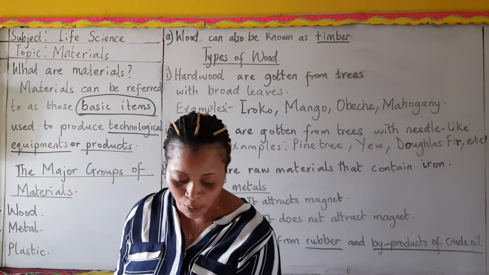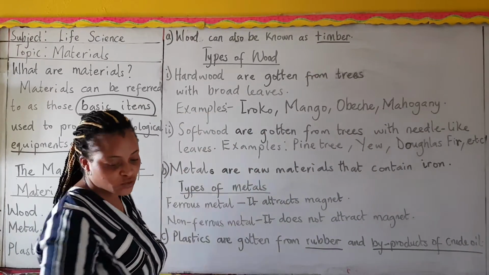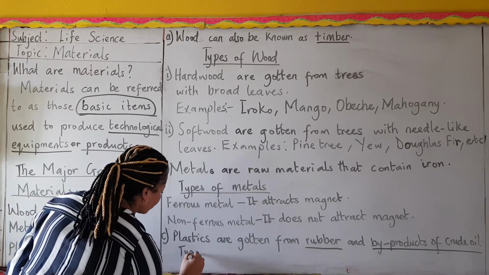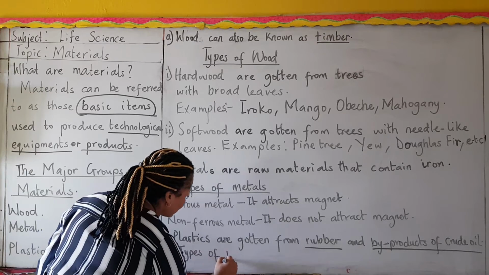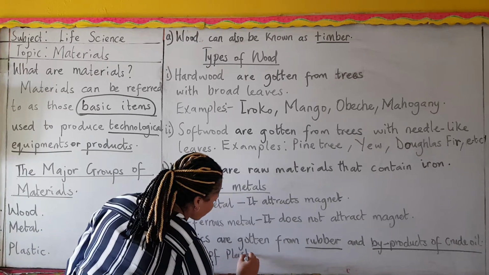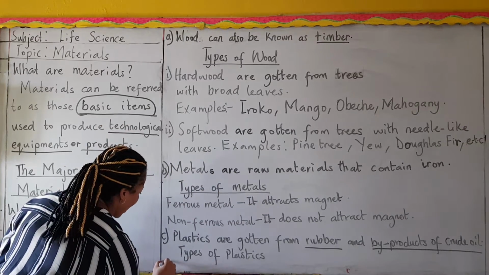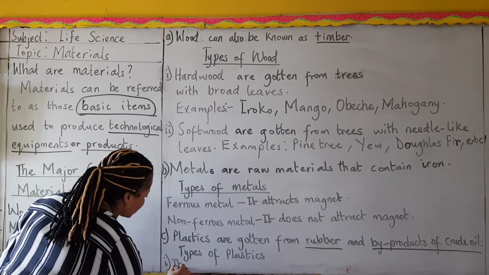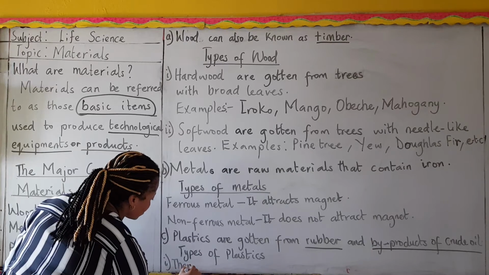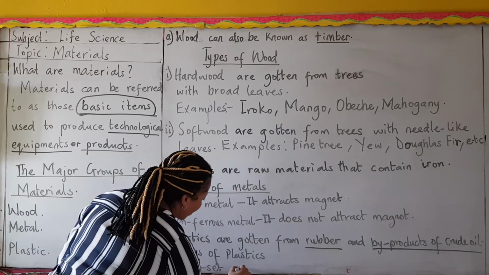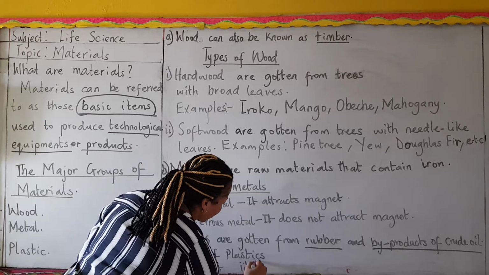Then we have two types of plastics. We have the one we call thermoset, and we have the one we call thermoplastic.